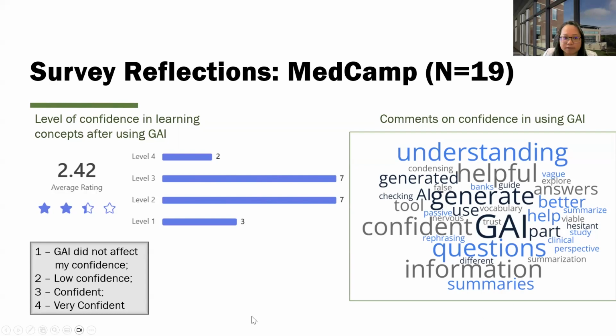Overall, the majority of them stated that it helped provide a baseline understanding of the topic that they were studying. And it provided summaries: when they have so many pages in a handout, having it summarized for them in language that is more to their level helped them.